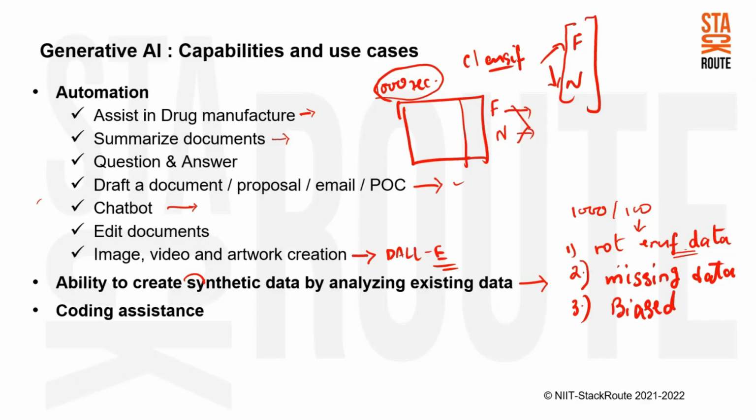So out of, let's say, 1000 transactions, how many frauds happen in today's world? What do you think? Will it be even? Will it be 500 each?